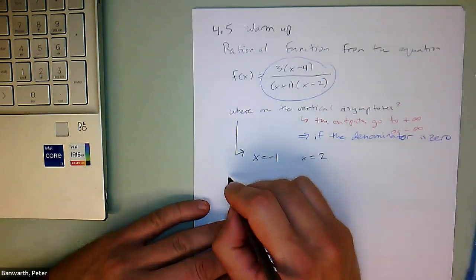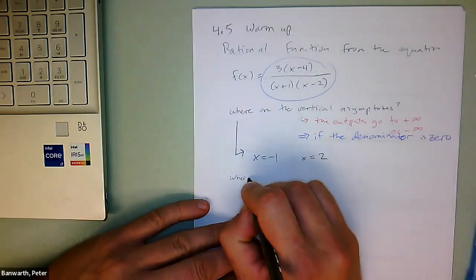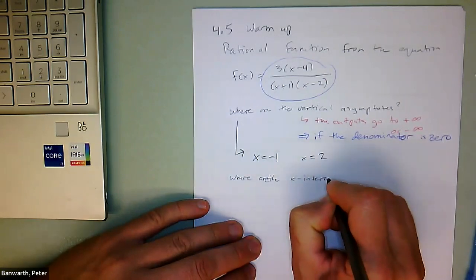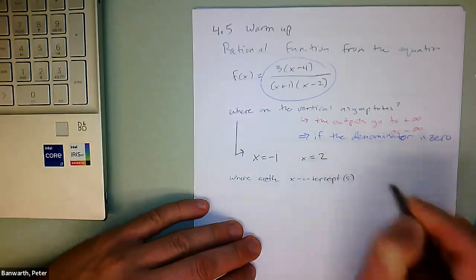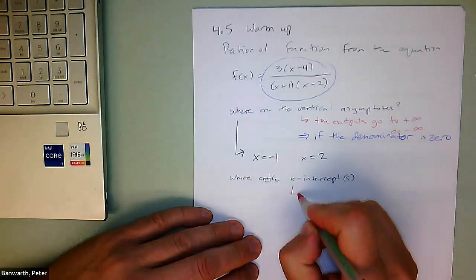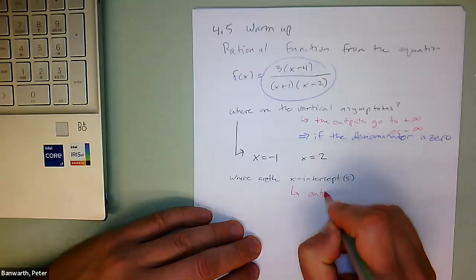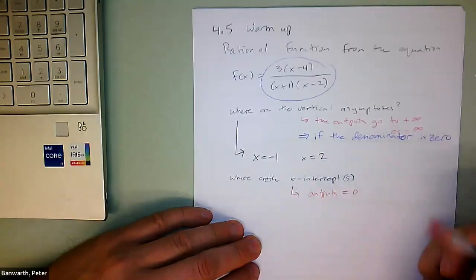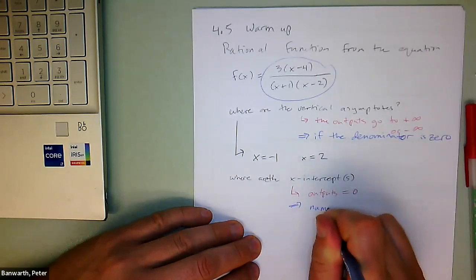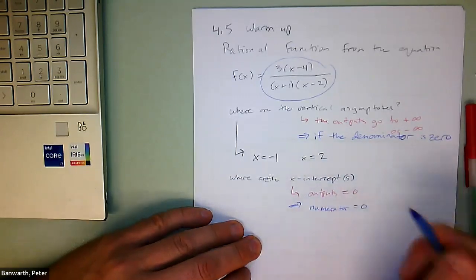All right, you might want to ask, where are the x-intercepts? There might just be one. There might be more than one. And that is if the outputs equal 0, which you get if the numerator equals 0.